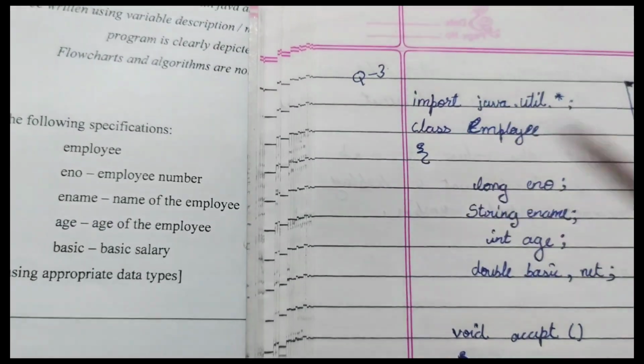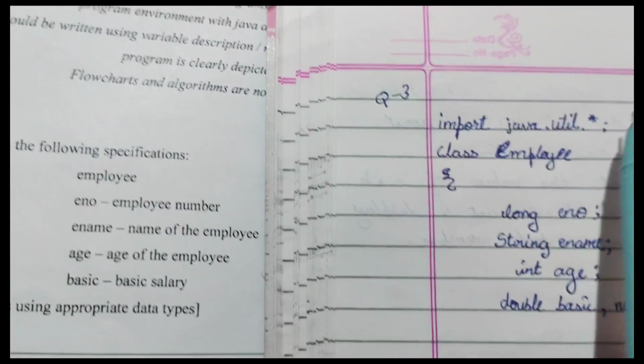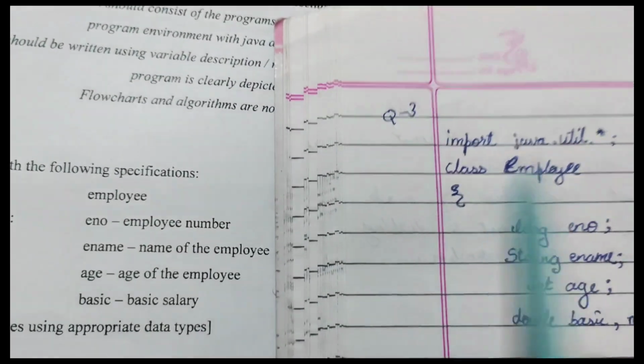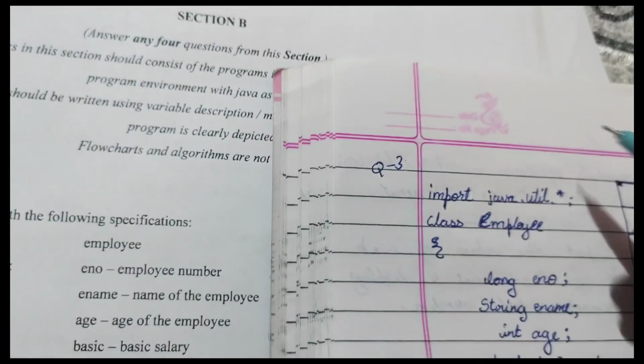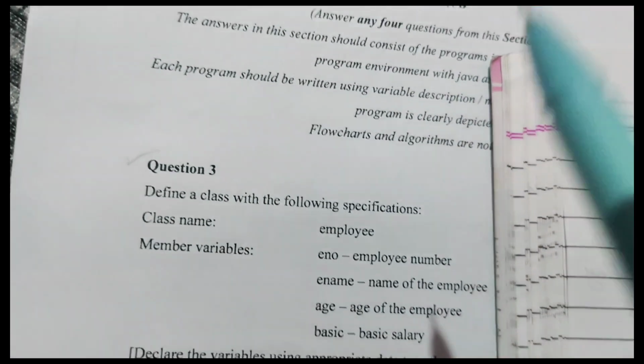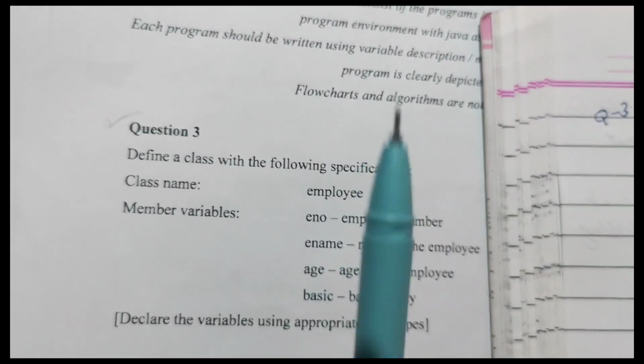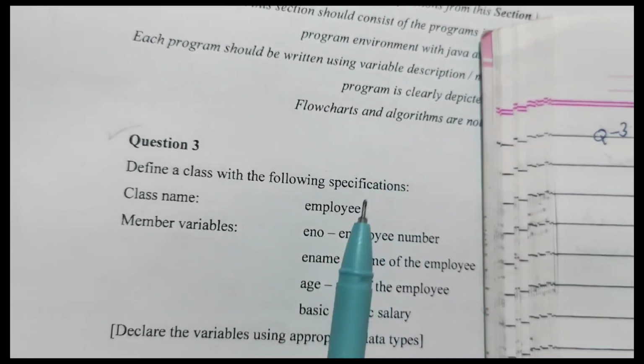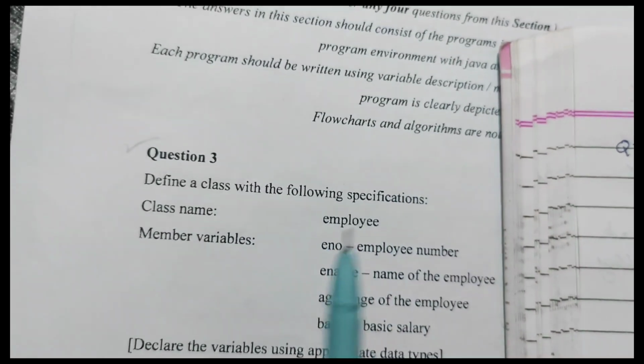Then flower bracket. See, many students will write here, just a second, capital E. Always use the variables or alphabets used in the question paper.